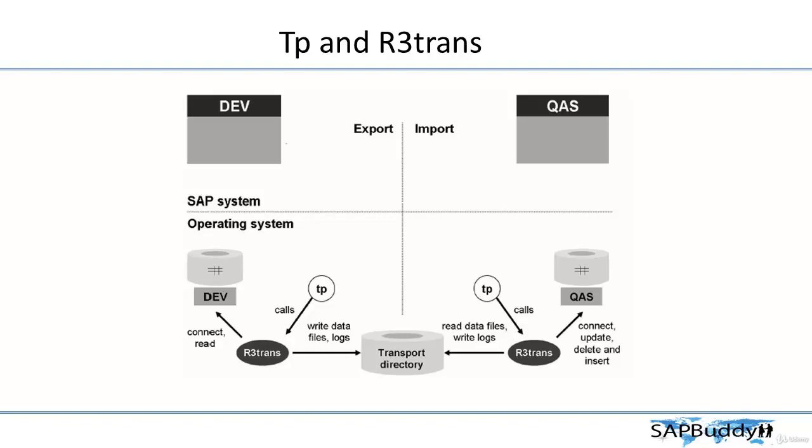It will still work, because the TRs you create are independent of the platform. In the Unix system you may have a different version of R3trans, but it will still support it. The data file, that means the TR files, is independent of the R3trans version or the platform on which SAP is running.